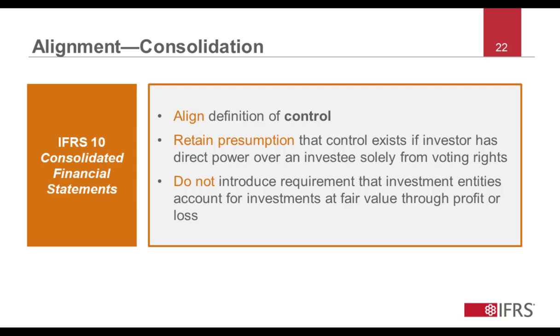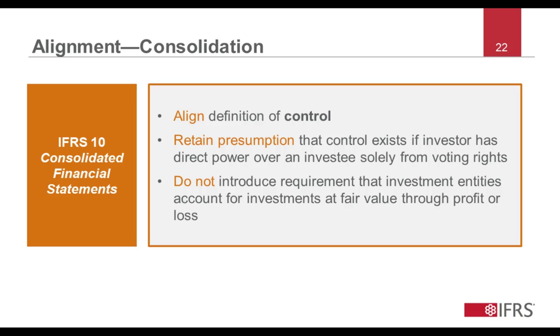However, the board looked at the requirements for investment entities, and the board felt that given the scope of entities that are eligible to apply the IFRS for SMEs standard, there would be few entities that would need these disclosures, which would probably be investment entities.